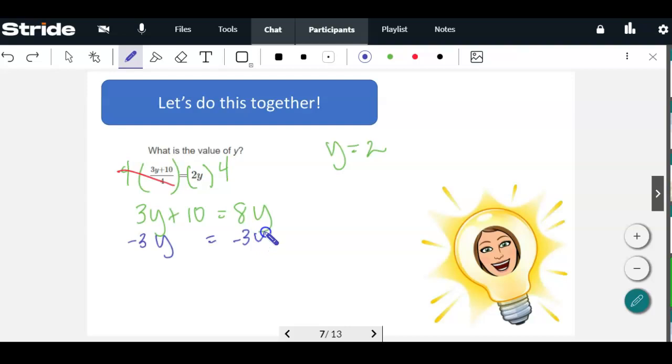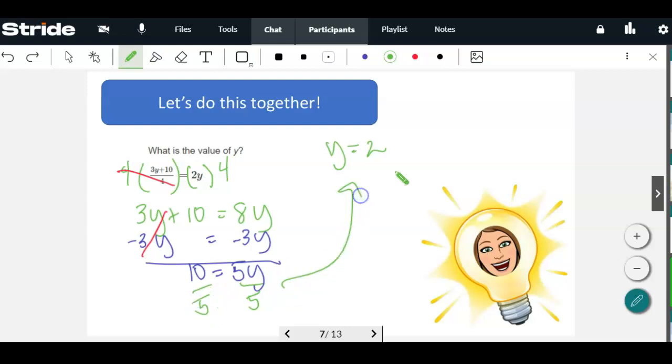Remember, what you do to one side, you have to do to the other. This cancels. We're left with 10, and then 8 minus 3 is 5. That shows multiplication, so we're going to divide by 5. And voila, y is 2, because 10 divided by 5 is 2.